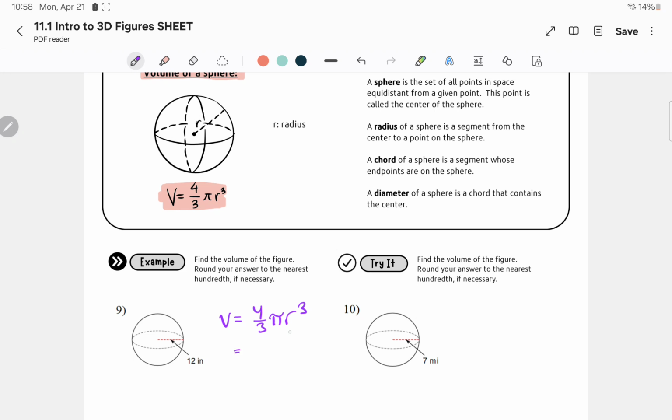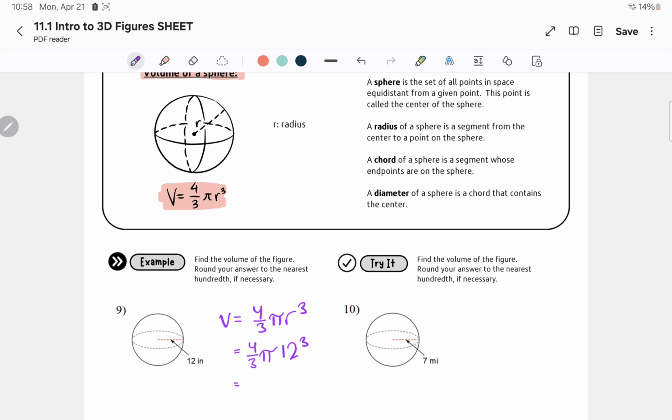So now we're going to just plug in. The only thing we have to plug in with this one is radius. So we're going to do 4/3 pi, and the radius is 12, so 12 cubed. How I put this in the calculator is, I could put 4/3 in parentheses, but you can also multiply 4 and everything else, then divide by 3 at the end.